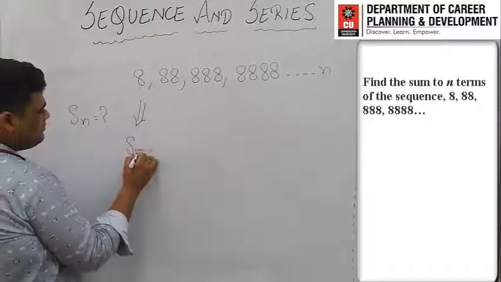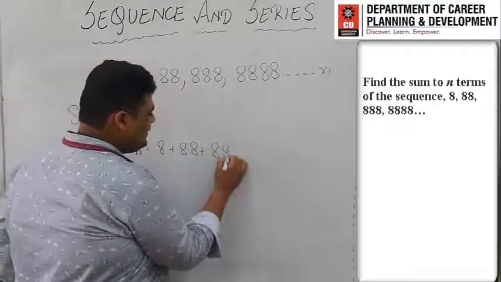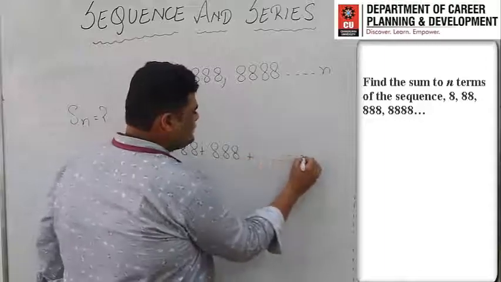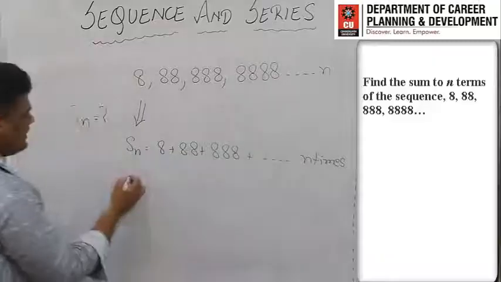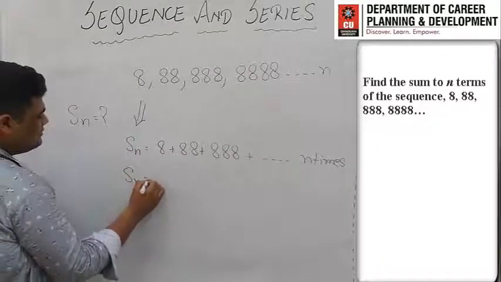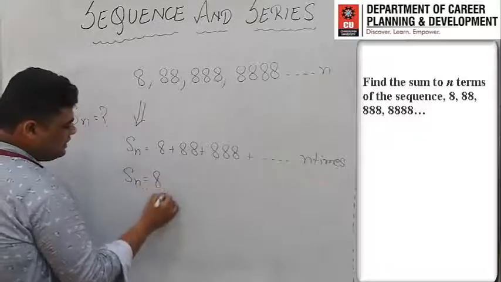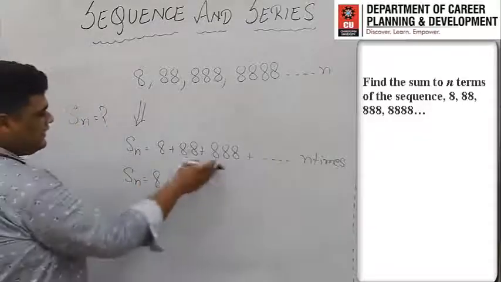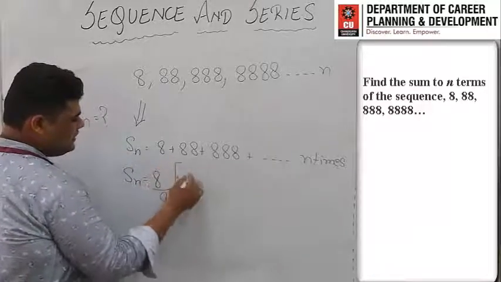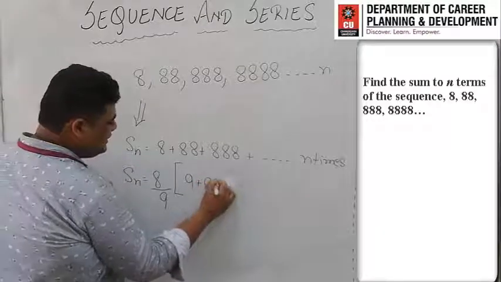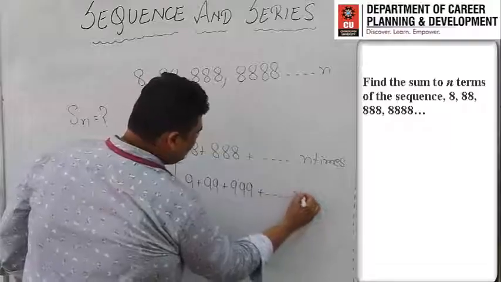Firstly, we have to find the sum 8 plus 88 plus 888 plus continuously till n times. So I am writing it as the sum of n terms. I am taking 8 as common and dividing and multiplying by 9. So it will be 9 plus 99 plus 999 and continuously till n times.